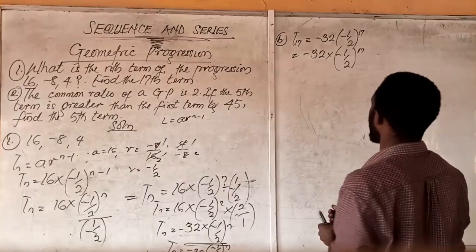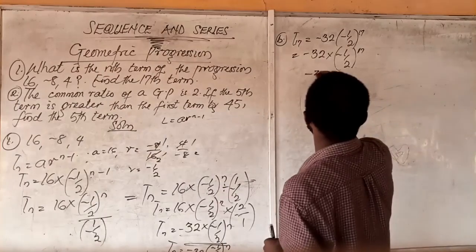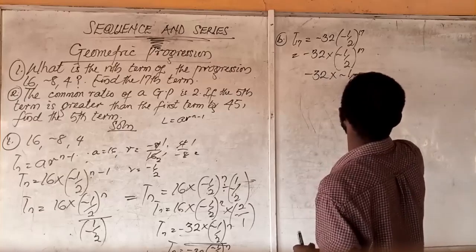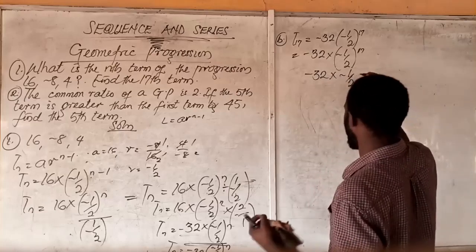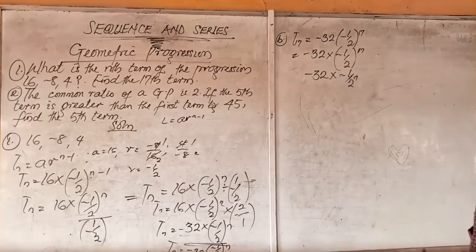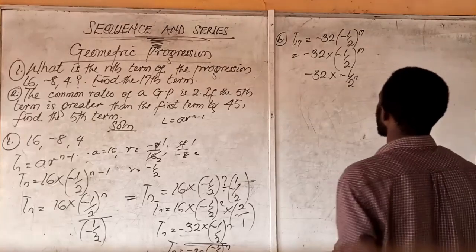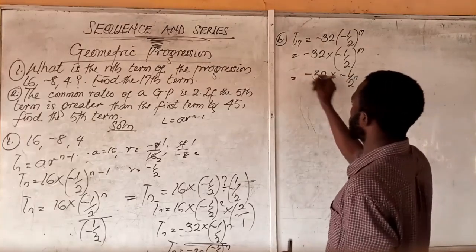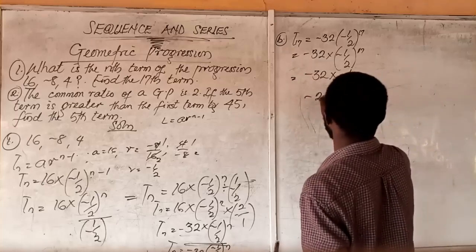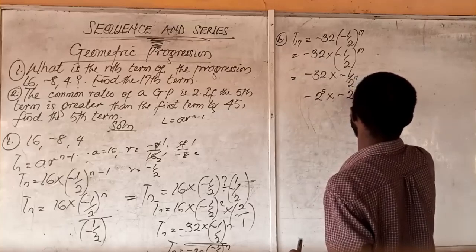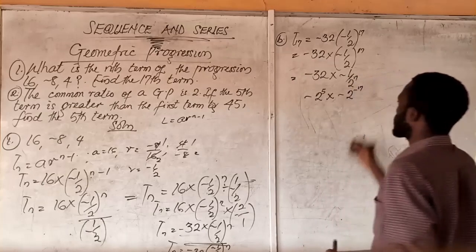So what do we have? Our minus is going to be retained. So we have minus 32 times minus 1 over 2, 1 raised to power 17 is 1, and over this 2 raised to power 17. From what I have here, I know that 32 can be expressed in the base of 2. So I have minus 2 raised to power 5 times minus 2 raised to power minus 17.